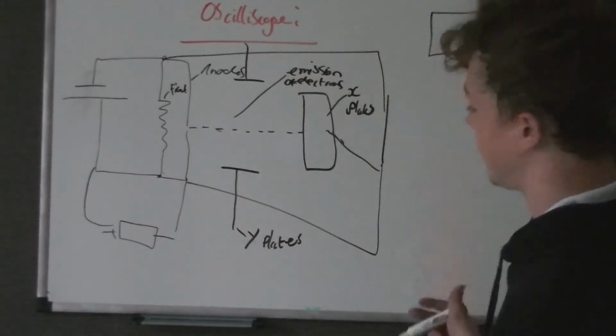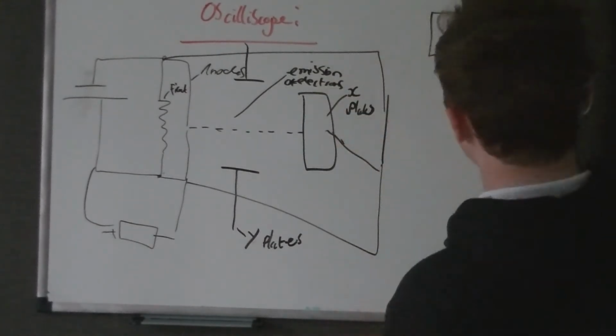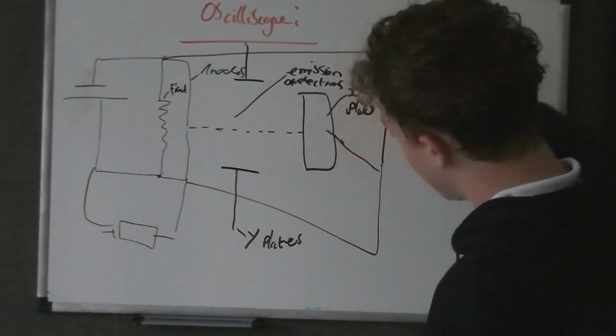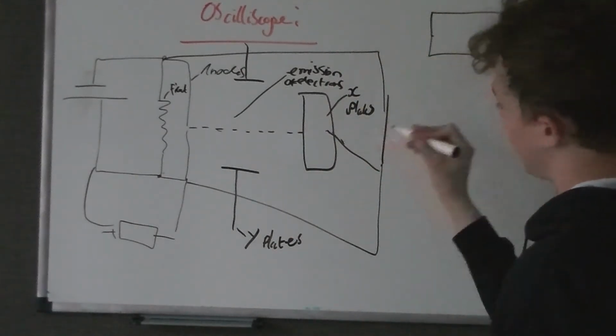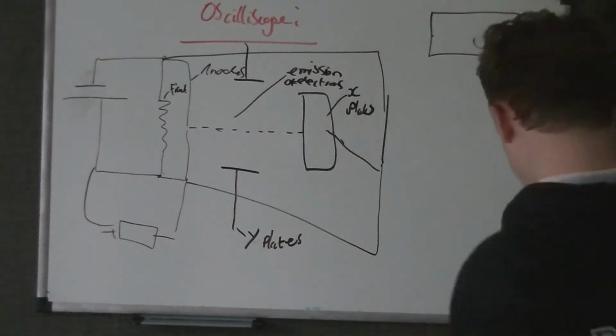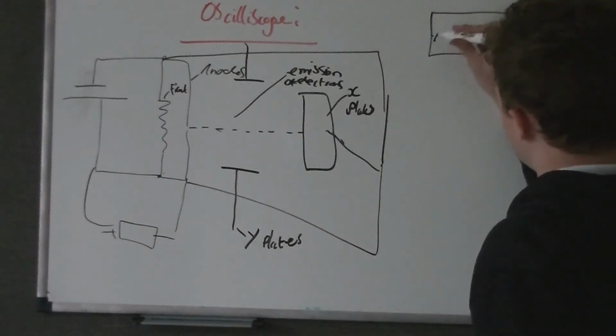The X plates are connected to the time base circuit in the oscilloscope. So if we increase the X plates, we increase the horizontal distance, so it would become something like this.